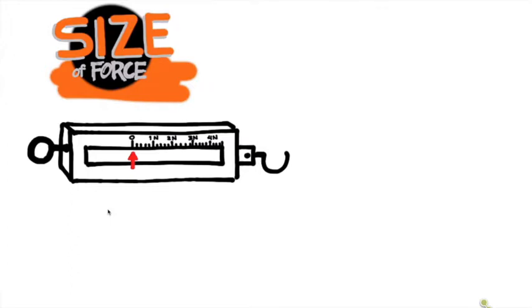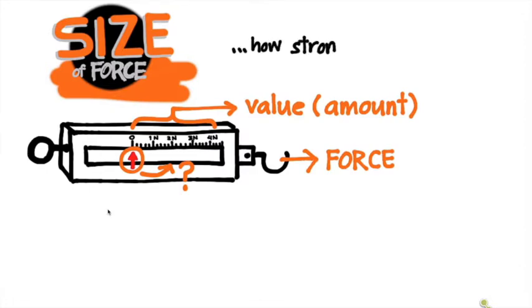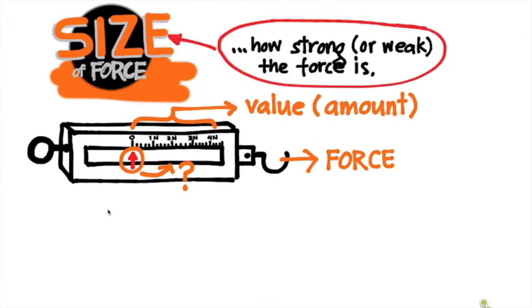For example, if you exert a force in there, the pointer is going to move somewhere, depending on the amount of force you exerted at that hook. Whatever number the pointer is pointing at is going to be the value or the amount of force. This is actually how strong or weak the force being exerted is. And this one, kids, is the so-called size of force.